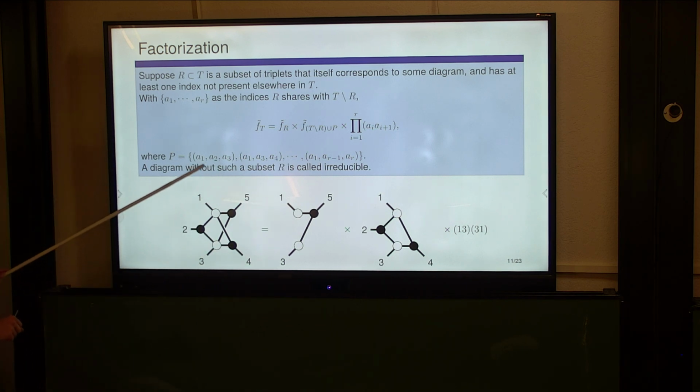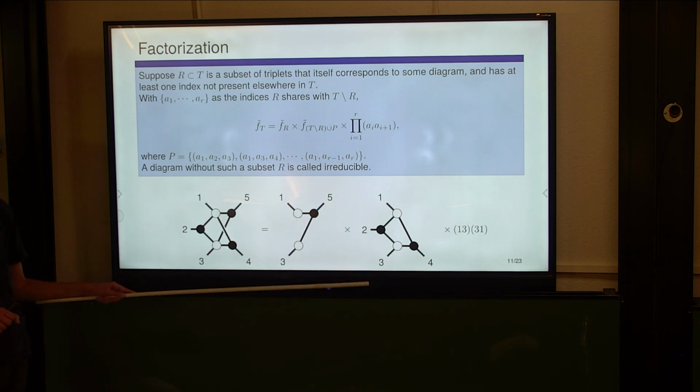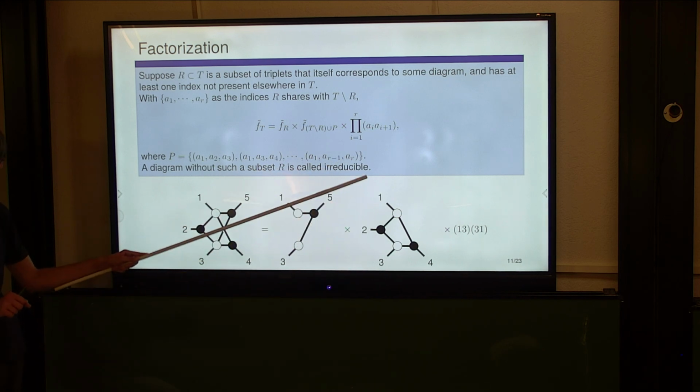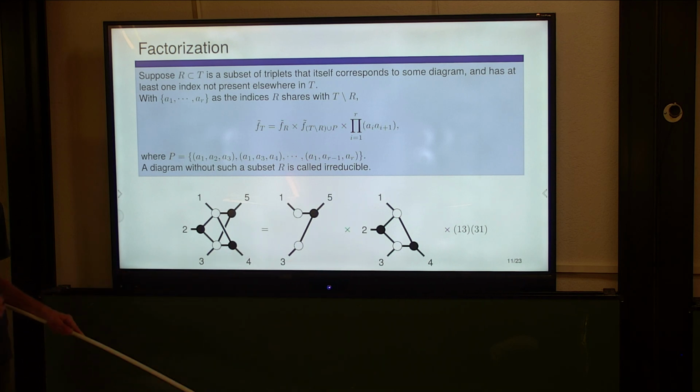There's a choice to make with what polygon you glue on, which here doesn't happen. Maybe this isn't the best example because it only overlaps on 2 indices. But I don't think in general you can make uniqueness statements about the factorization. Maybe with some more work there's some canonical way to do it, but that's not something I've thought about much. And there's also some connection of these triples to circular extensions, right?